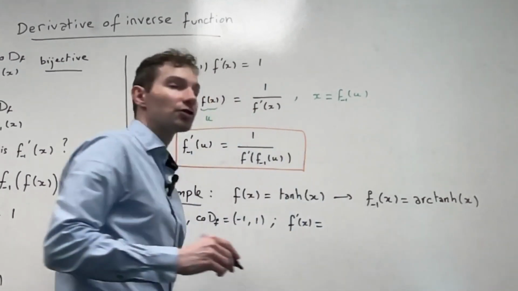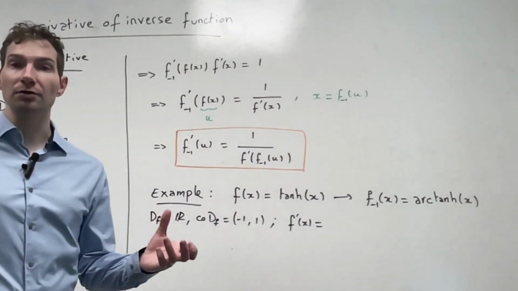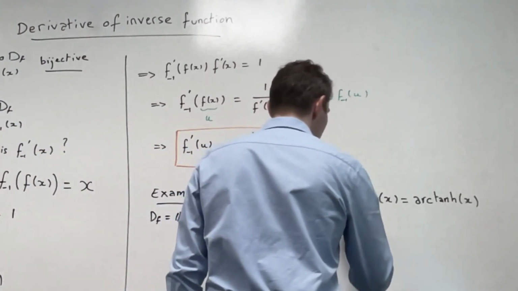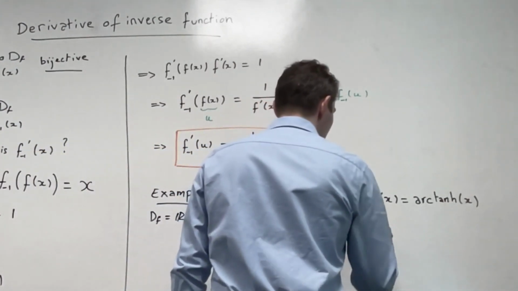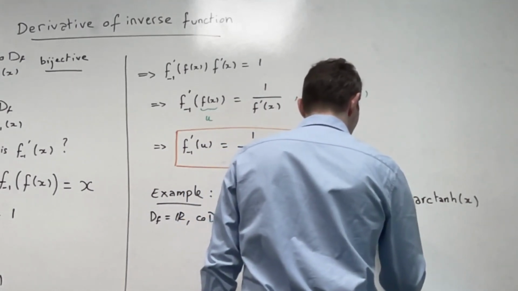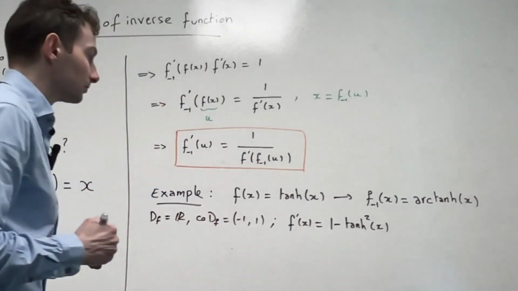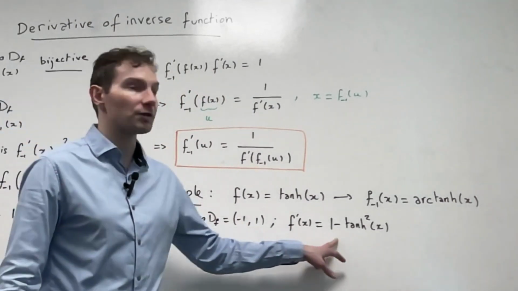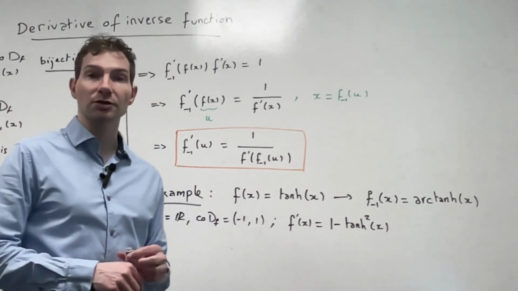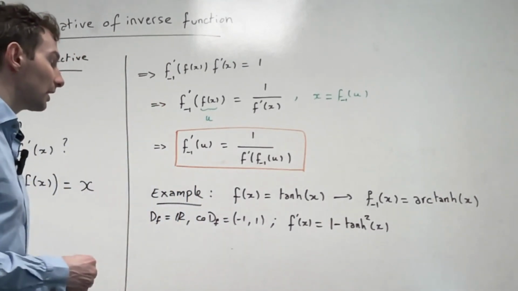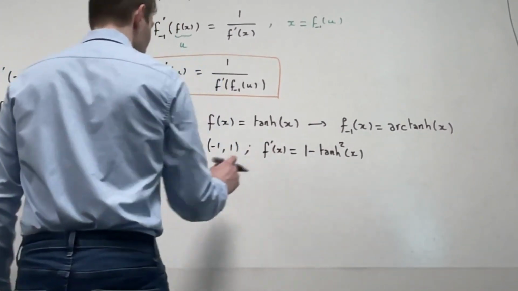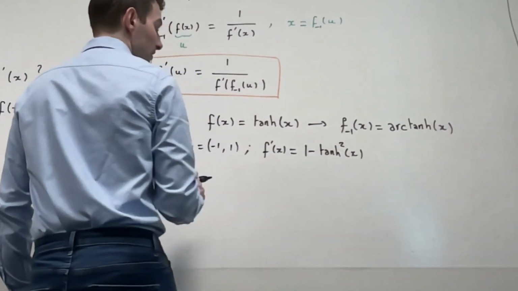Now, this I'm going to leave you with trying to evaluate that, but the standard example is that this is 1 minus hyperbolic tangent squared of x. Okay, this is in comparison with the 1 plus tan squared that you would get for a tangent. And basically that's it.